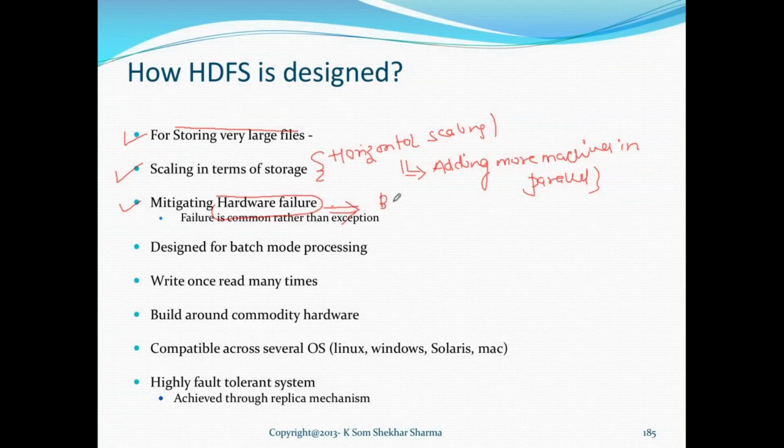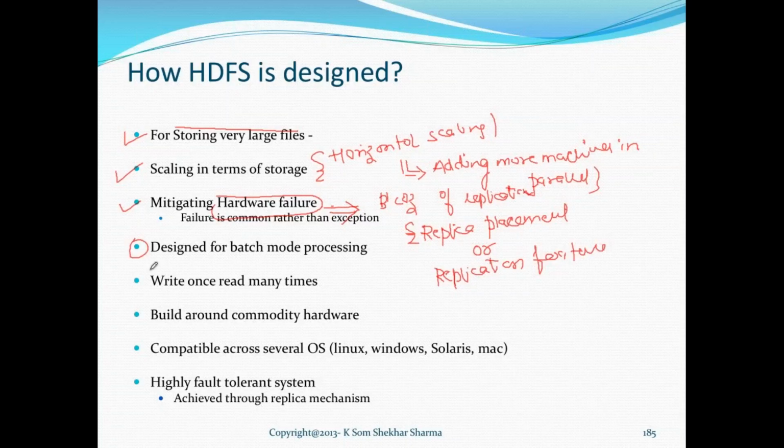So it mitigates the hardware failure by the replica placement mechanism, or I would say replication feature.